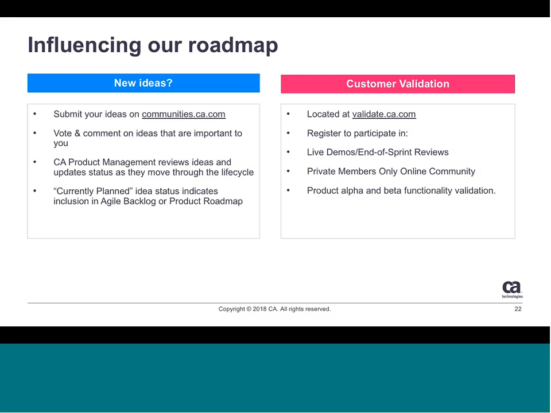As well, I wanted to also plug our customer validation project. So this is actually located at validate.ca.com. This will allow users to be able to come in and really see a lot of the product alpha and product beta functionality that we've been releasing.